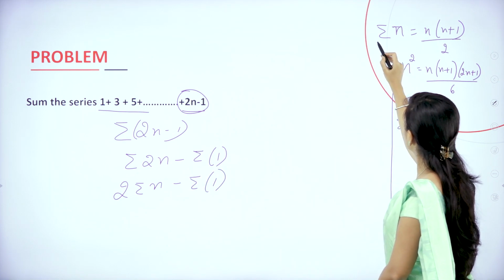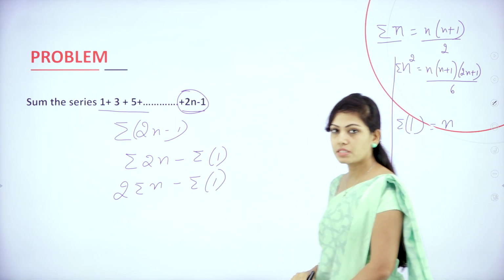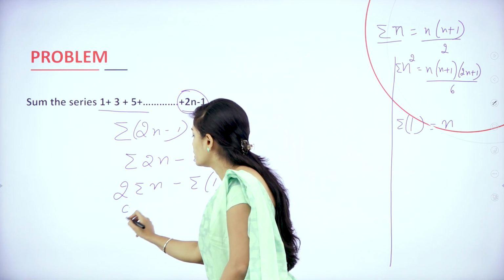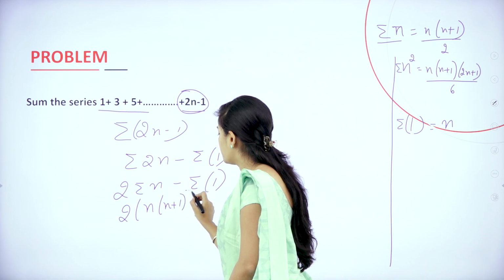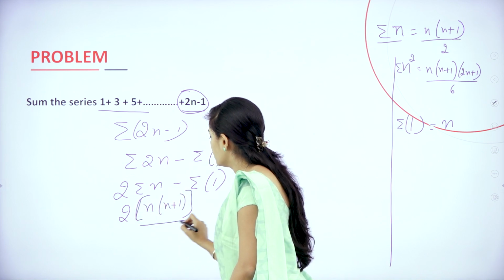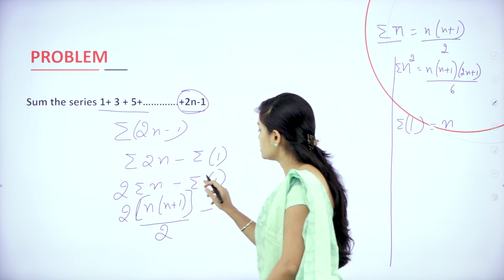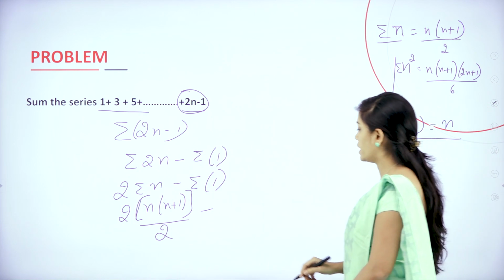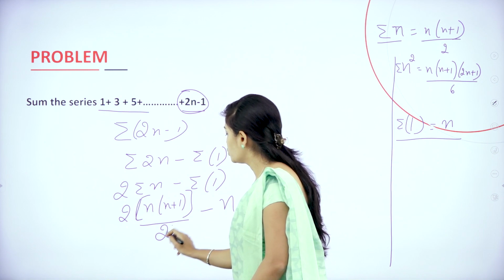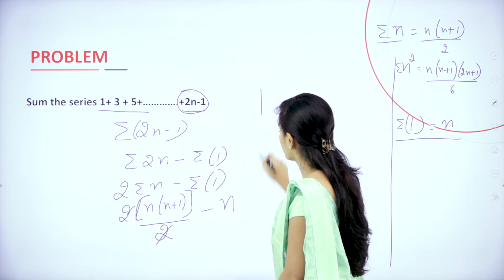So in place of sigma n, I can write n into n plus 1 by 2. So 2 into n into n plus 1 by 2 minus sigma 1. In place of sigma 1, I can write n. So now 2 gets cancelled.